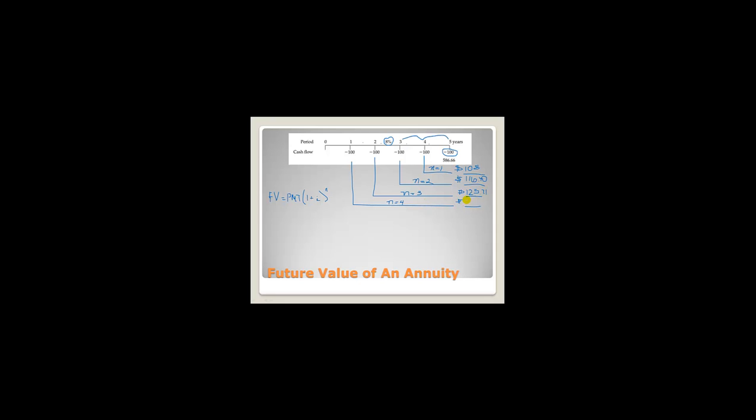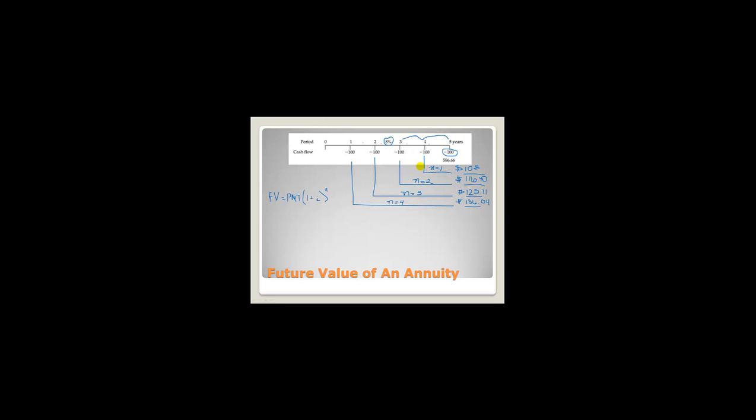And for the last payment, we're going to take 1.08 raised to the 4 times that last $100, which is $136.04, or 136.05 if we round it. So probably our final calculation is going to be a little bit off from what we're looking for.